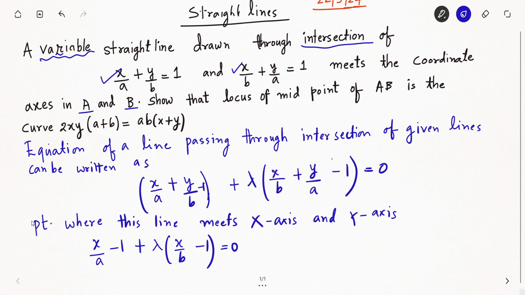From here, x times 1 upon a plus lambda upon b is equal to lambda plus 1.